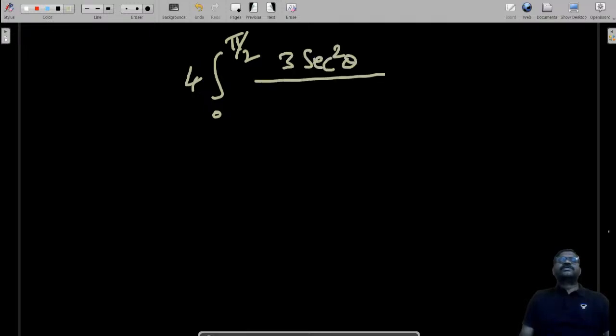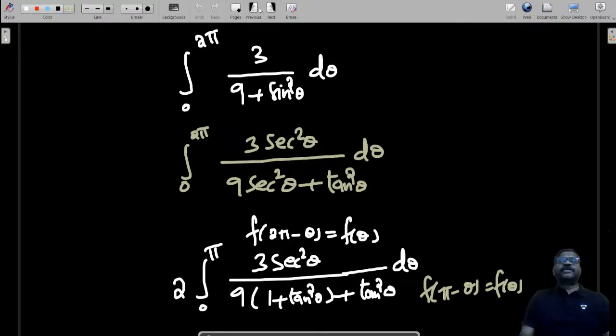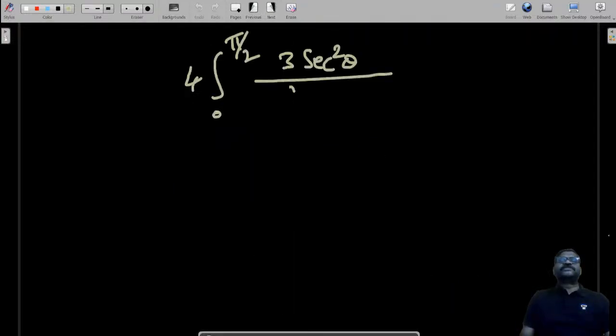Therefore 4 times integral 0 to pi by 2, 3 secant square theta by 9 plus 10 tan square theta d theta.